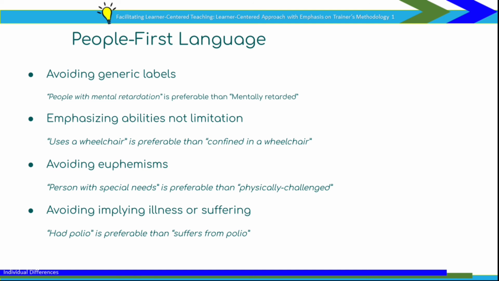Using people first language and applying the guidelines above will remind you to have a more respectful and accepting attitude toward learners with exceptionalities. Beginning with the right attitude, one of compassion, will make you a more effective teacher, one with the head and the heart who can facilitate their learning and adjustment.